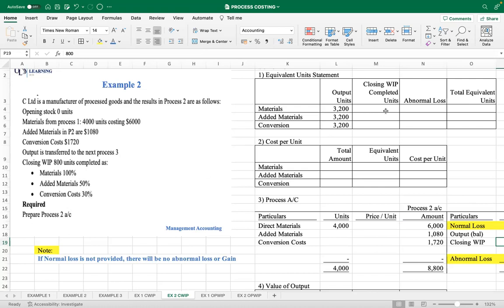So I'm repeating, for materials it is 800 times 100%. Added materials is 800 times 50%. And conversion is 800 times 30%.